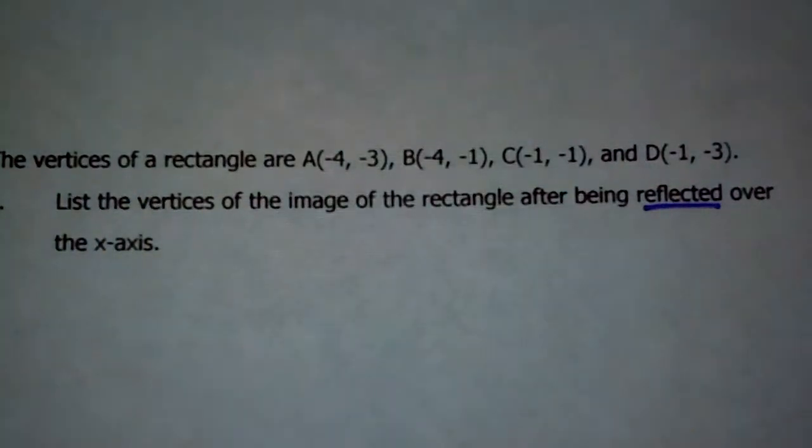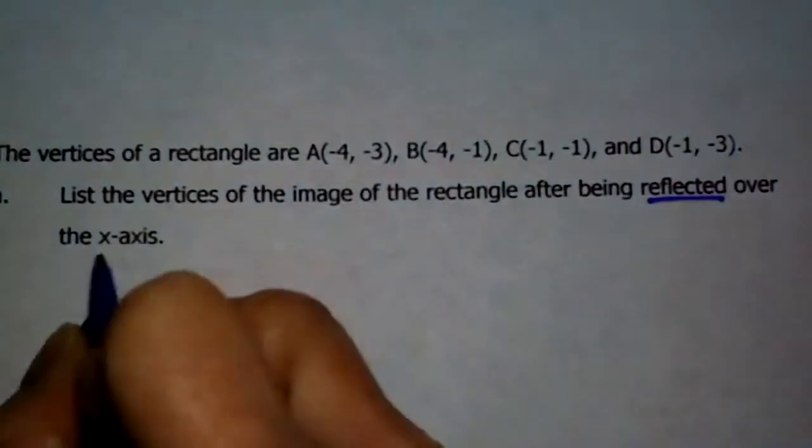When we were dealing with translations, that's when we could just, if we were moving to the right, add 2. If we were moving down, take 2 away. With this, we actually have to keep the x's the same when we're reflecting over the x-axis and take opposite y values, or keep the y's the same when we're reflecting over the y-axis and reflect the x values.